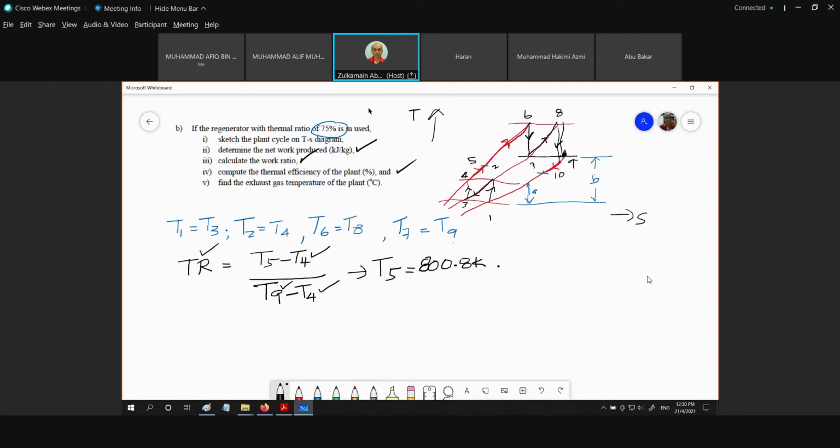I want to show you how to get the number T10. You see, the question asks for the exhaust gas. The exhaust gas, right? Then we need to use the thermal ratio again. And I've shown this formula or the proving how we get the temperature difference: T9 minus T10 divided by T9 minus T4.